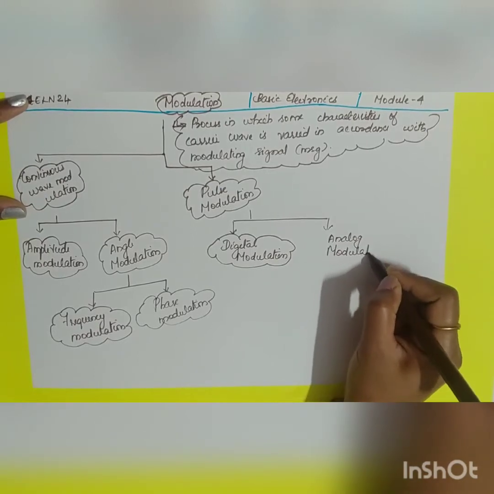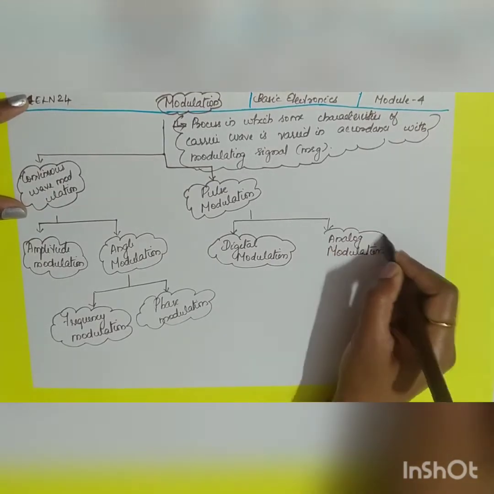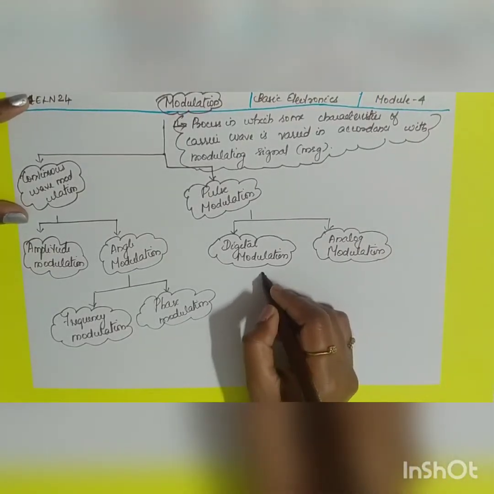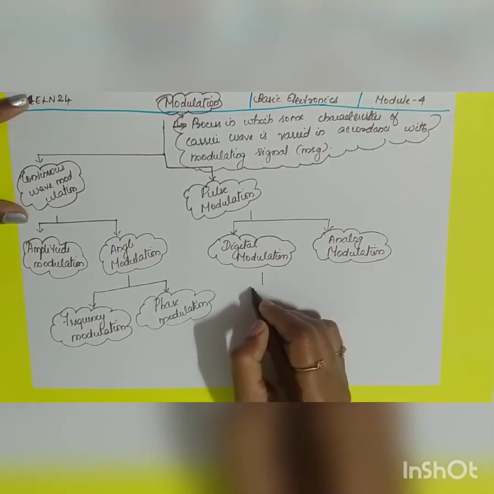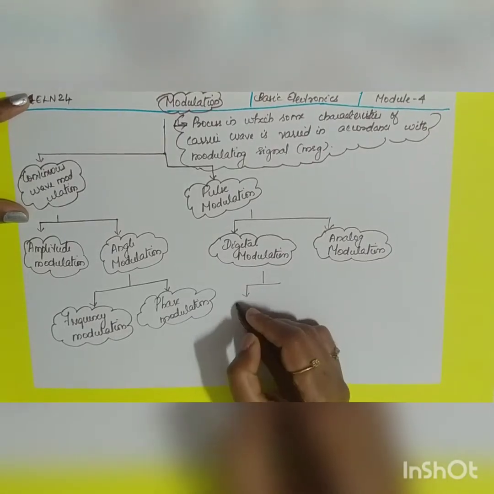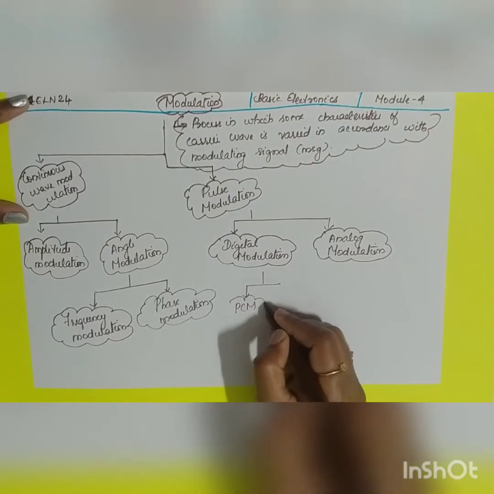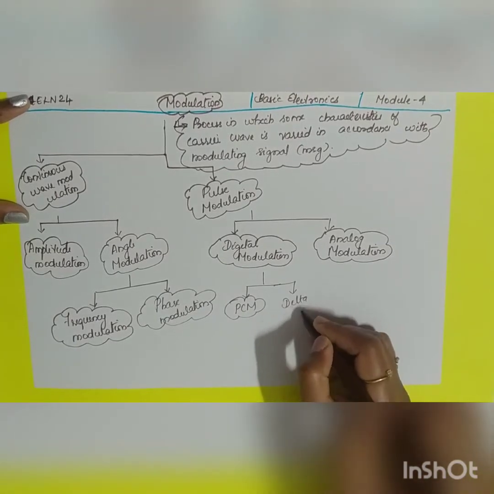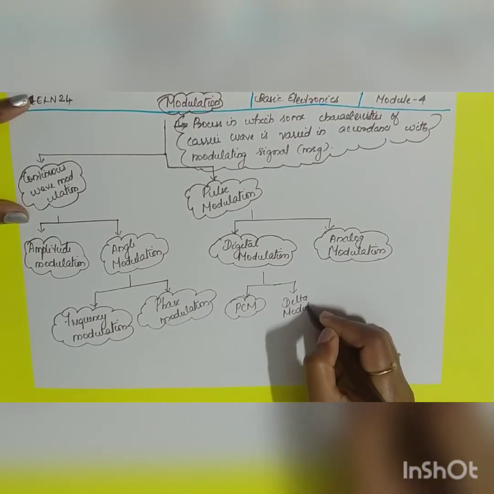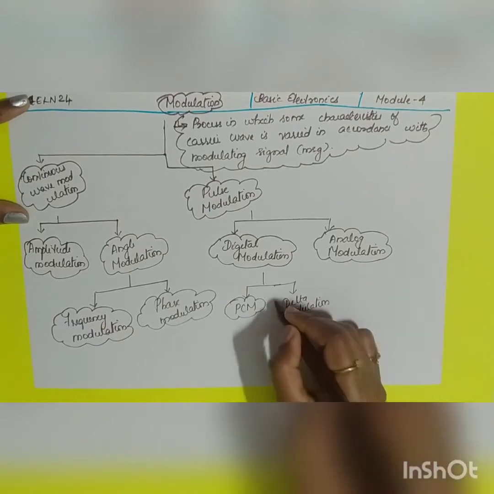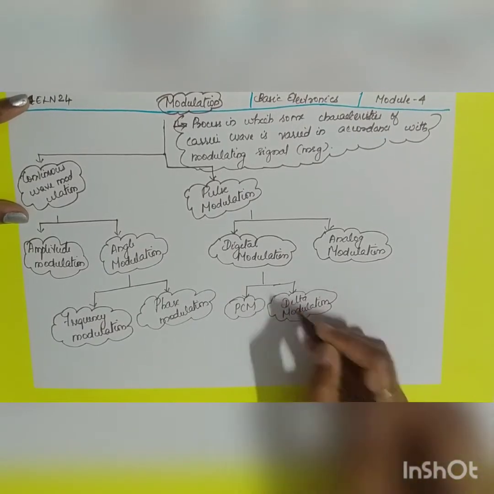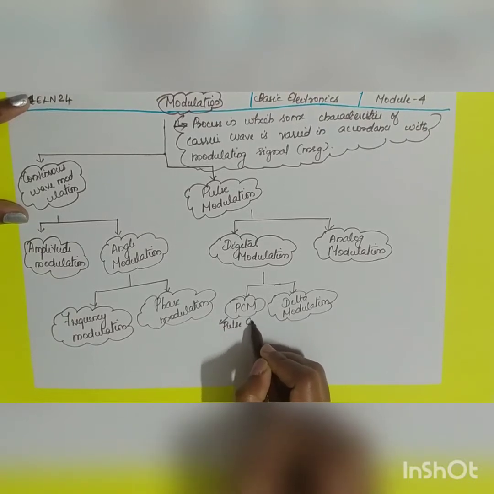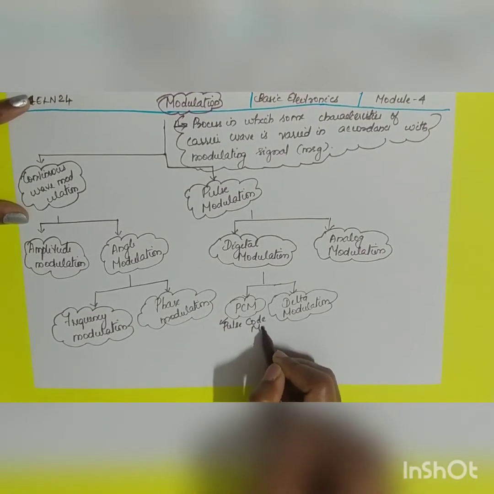Now this digital modulation can be again divided into two types. One is called as pulse code modulation. The next one is called as delta modulation. Okay. Pulse code modulation. So PCM stands for pulse code modulation.